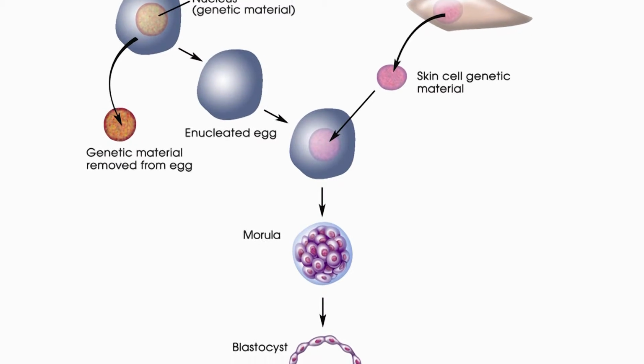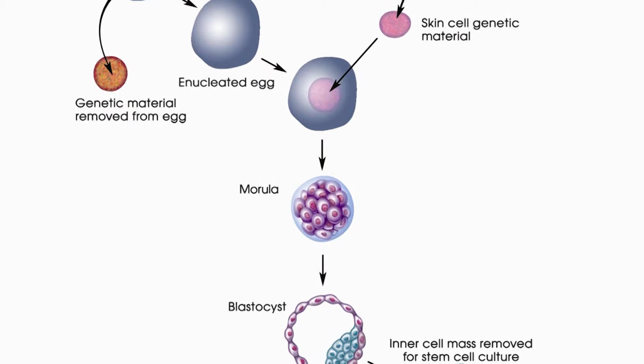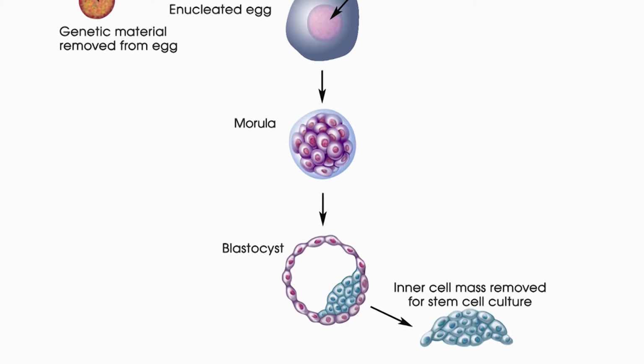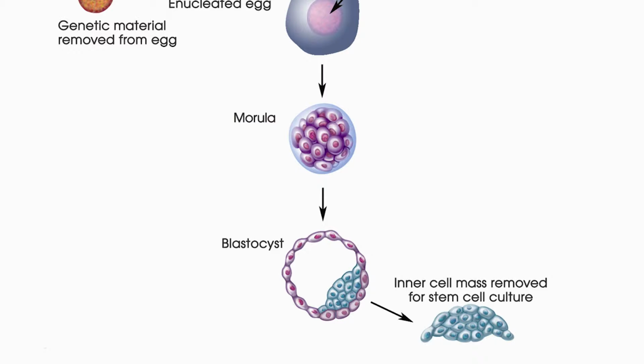After a couple of chemical tweaks, the egg cell with its new nucleus was behaving just like a freshly fertilized egg. It developed into an embryo, which was implanted into a surrogate mother, and the surrogate mother carried it to complete term, the gestation period.